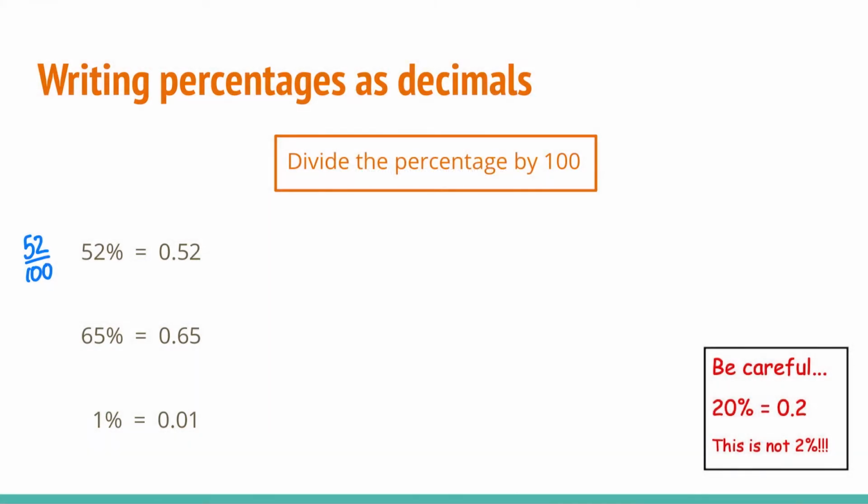So if I had 52, then I move my decimal place once, twice, and therefore I get to 0.52. If I divide 65 by 100, then I move my decimal place once, twice, so I get 0.65, and then for 1, once, twice. So it's actually here, so I need to fill in with an extra 0, so I've got 0.01.